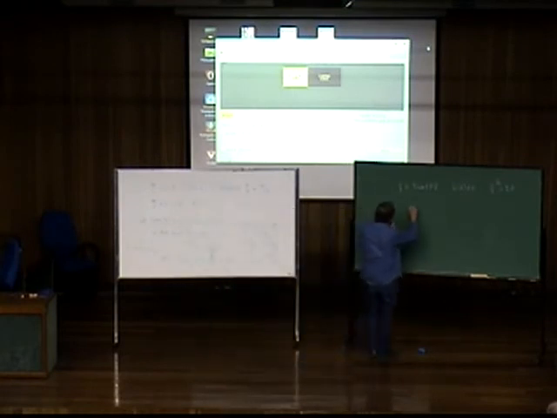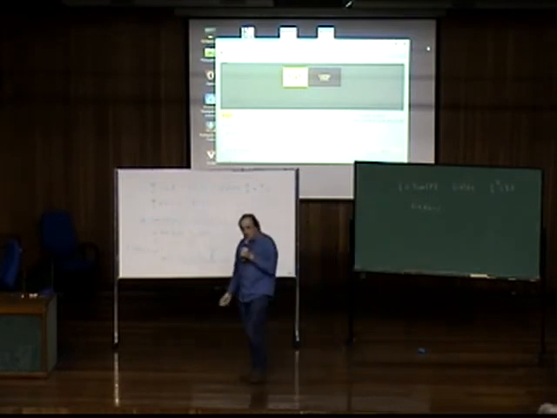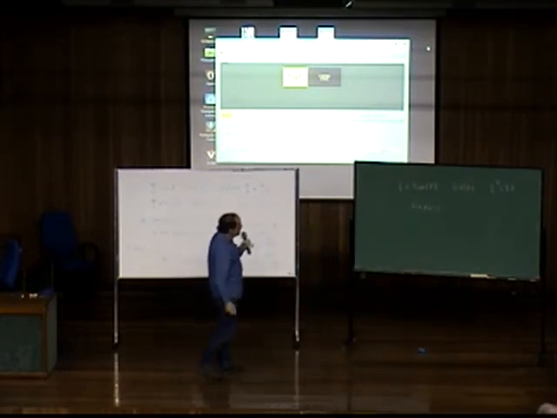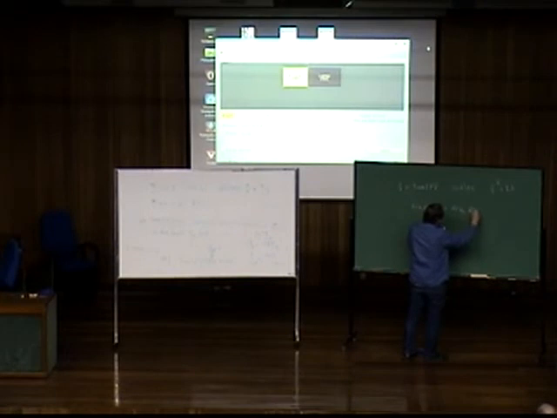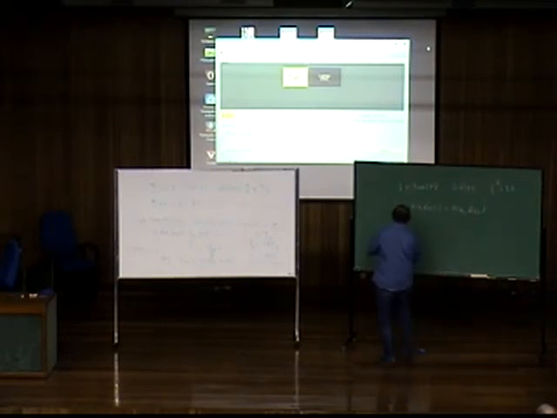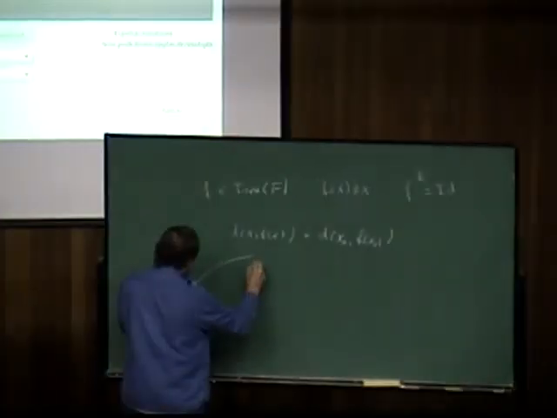So what's the argument? Look at the distance from x to f of x. Well, this number is positive since I know no fixed point. M is compact, so it assumes a minimum. Let that minimum be x0. So it's the distance from x0 to f of x0. So go from x0 to f of x0 with some minimal geodesic.